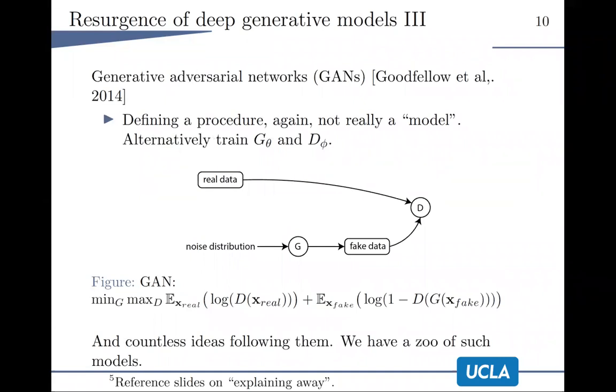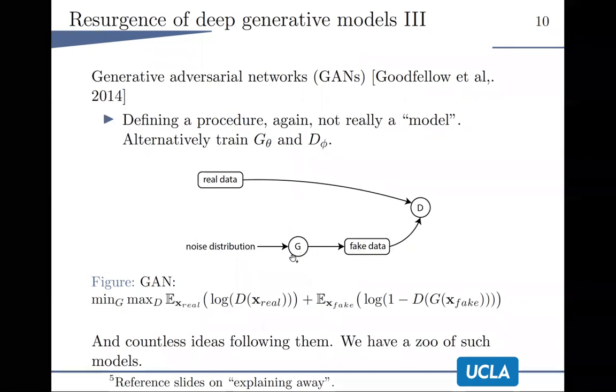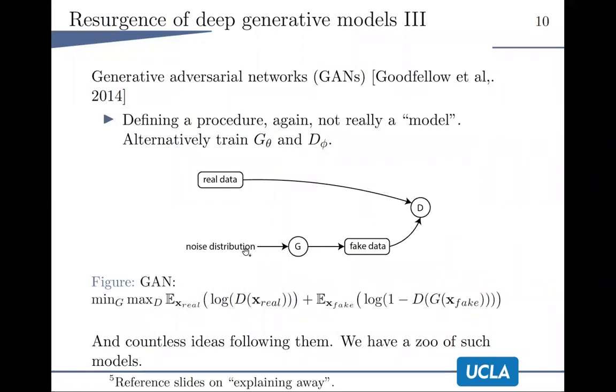And of course, one of the most popular deep generative models nowadays is the GAN model, generative adversarial network, which goes like this. We have a discriminator trying to tell the difference between real data and synthetic data, and the synthetic data is generated by a generative model from some noise distribution.